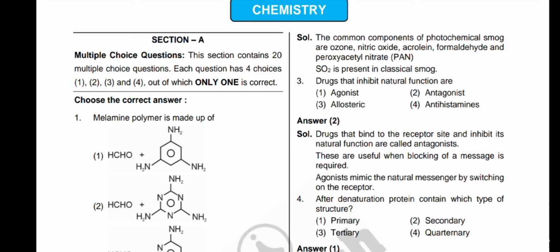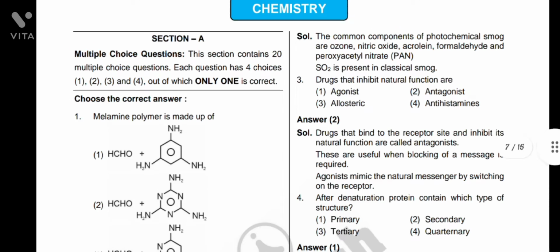We finished the physics question paper of JEE Mains 2022 July 25th shift 1. Some questions were not available. As soon as I get them, I will try to solve those also, a small part with some leftover questions. Moving on to chemistry now.